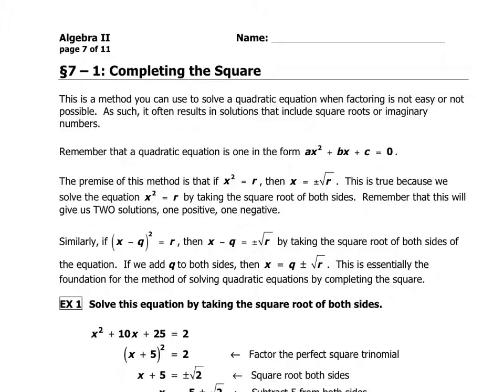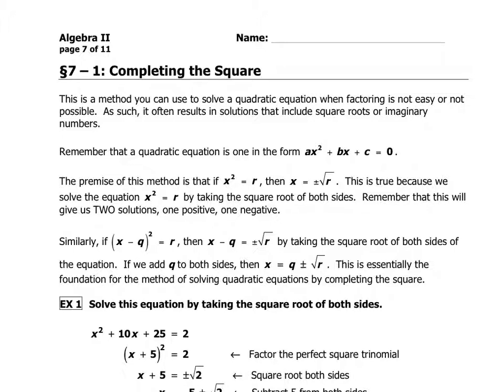But I want you to remember, a quadratic equation is one that's in this form: ax squared plus bx plus c equals 0. Now the premise of this method is that if x squared equals r, then x equals plus or minus the square root of r.